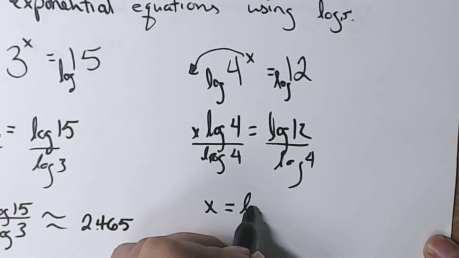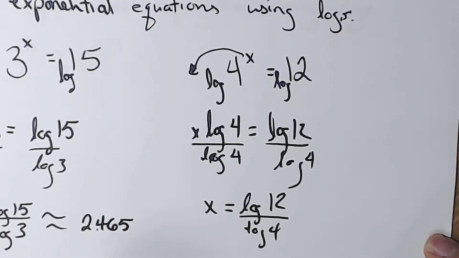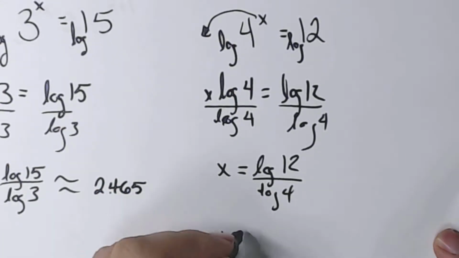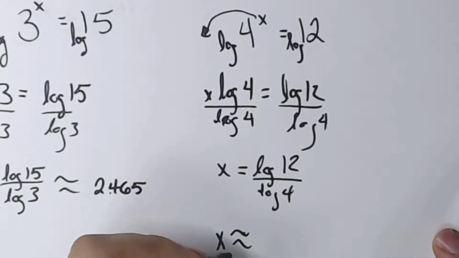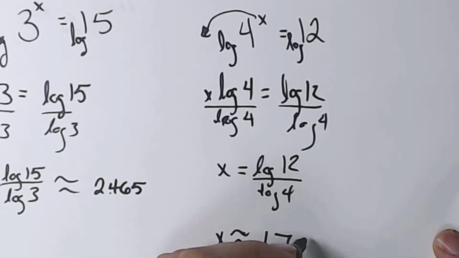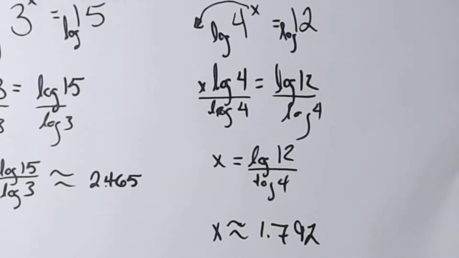So now x equals log 12 over log 4. Again, that does not equal log 3. That's not how that works. But if I do a little bit of typing into my calculator, I find out that this is about 1.792. Again, it's the common log, so I don't have to do anything weird at my calculator.